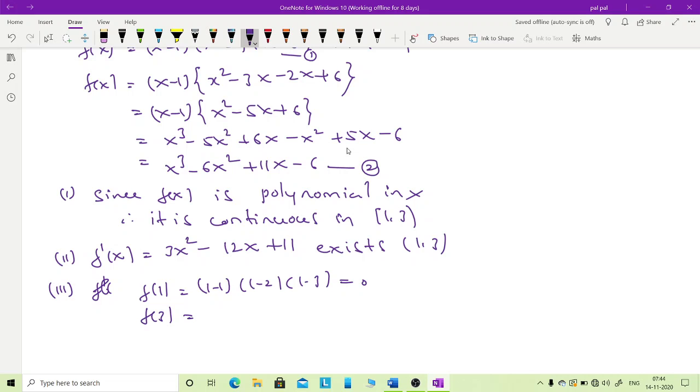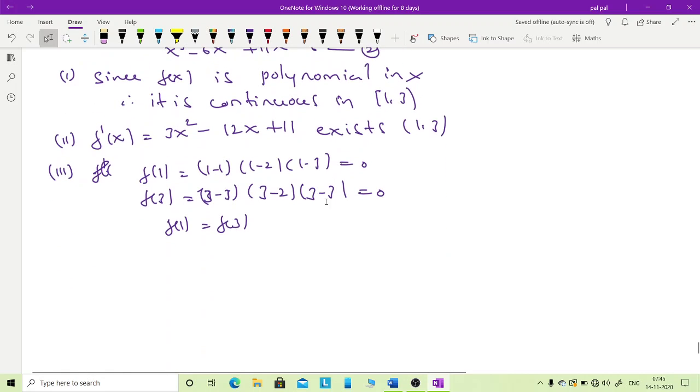And f of 3 is equal to 3 minus 1 into 3 minus 2 into 3 minus 3, which is equal to 0. You can write it directly if you know it will be 0. So now f of 1 is equal to f of 3, because both the values are 0. Therefore f of x satisfies all conditions of Rolle's theorem.